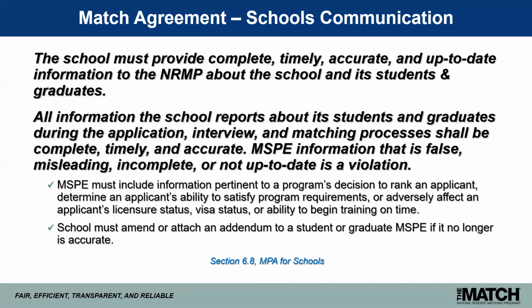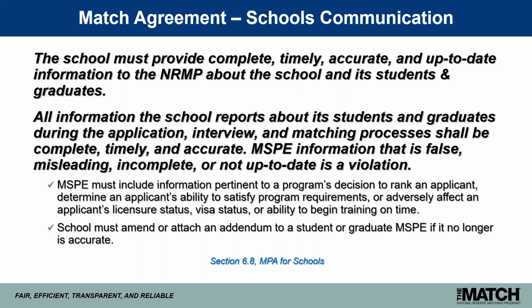If schools are aware of information that is pertinent to a program's ability to effectively determine a candidate's eligibility or goodness of fit for the residency program, we want the schools to provide that information to the programs.